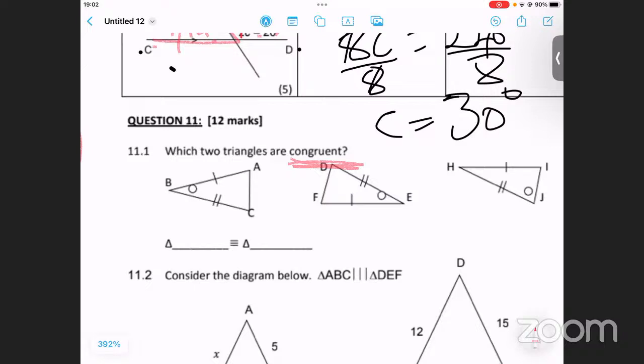You're going to say triangle ABC is congruent to DEF, okay? And what's the condition here? Side, side, side, side, angle, side, angle, angle, side, or side, angle, side?